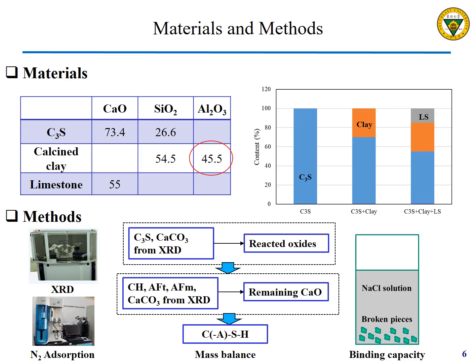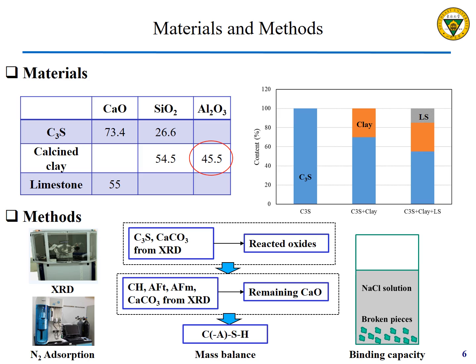For the method, except for the normal methods we show here, such as XRD and nitrogen absorption, another method is also used to calculate the phase assemblage, mass balance. Here we show the calculation process. At the beginning, C3S and the calcite amount are from XRD analysis.